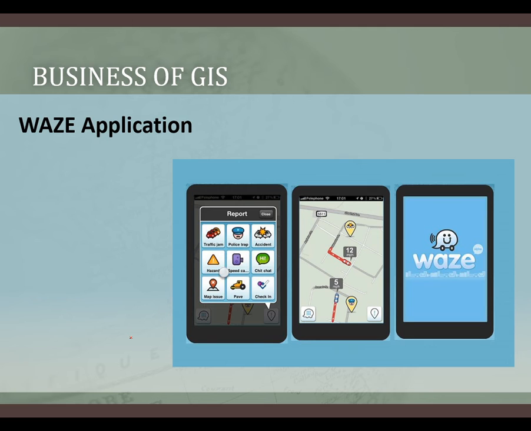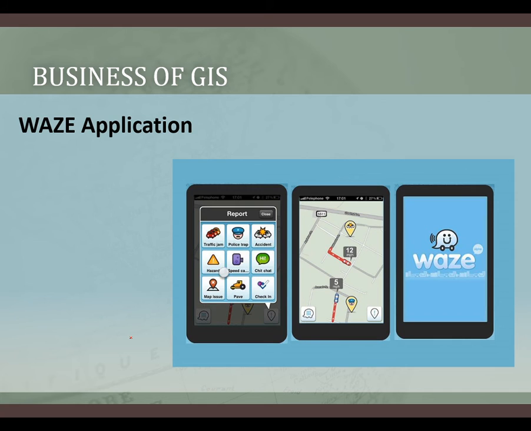A good example is Waze, an application even used by local stations to figure out traffic problems. It's a simple application: you download the software and report if there's a policeman or an accident, and more reports create this community of Wazers. It's an idea, and the application developers made tons of money out of it. Have a look and do some research about Waze. You can imagine it makes use of maps and GIS, and how it became a big thing.